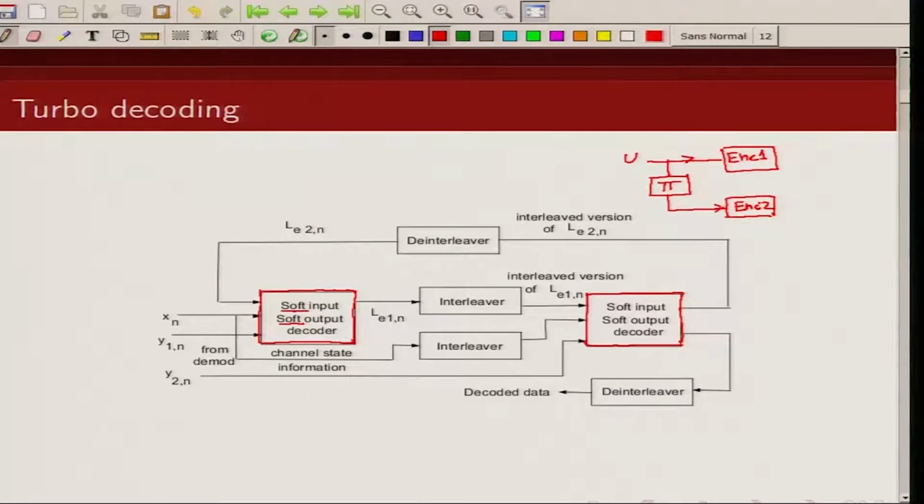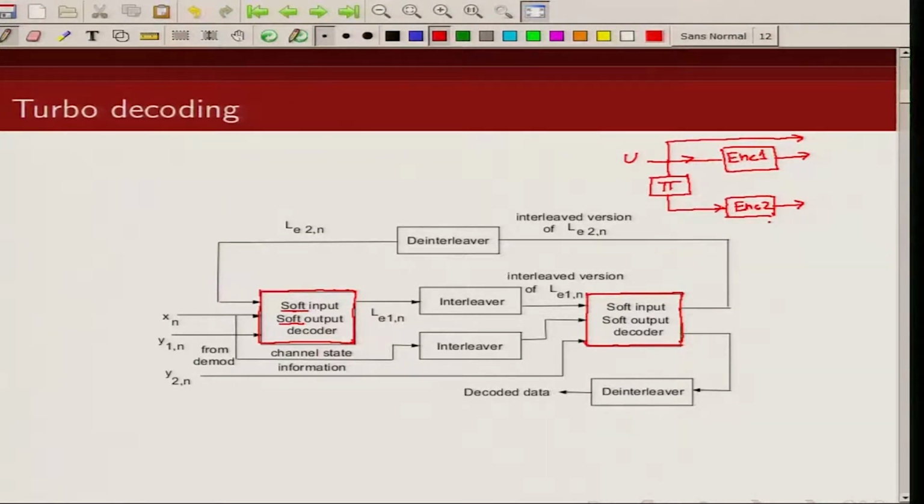The three outputs were: first, the information bits; second, the parity bit coming out of the first encoder; and third, the parity bit coming out of the second encoder. So these were the three outputs of a turbo encoder.